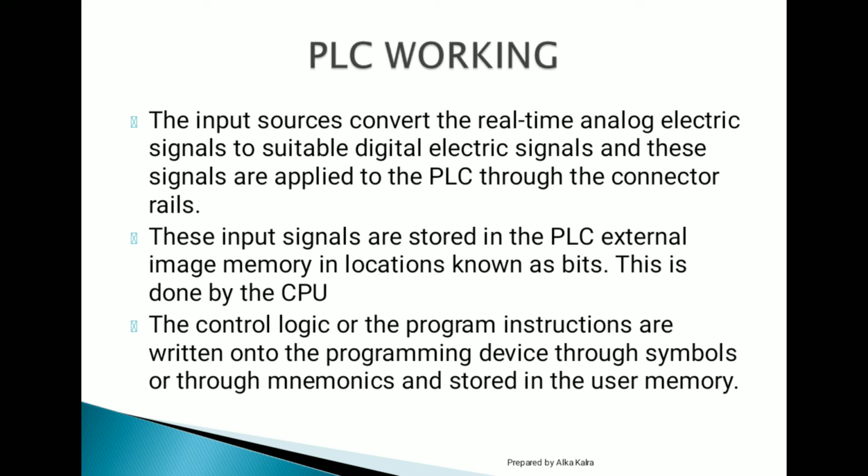So input sources convert these analog signals into digital signals, and since PLC is a digital device, it applies the digital signals to the PLC through the connector rails. Then these input signals are stored in the PLC external image file, just as we have discussed now. It stores the information in external image memory in the form of bits. CPU executes the program and stores the result in the form of bits into the external image memory.